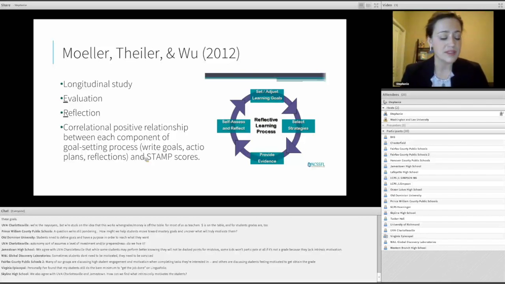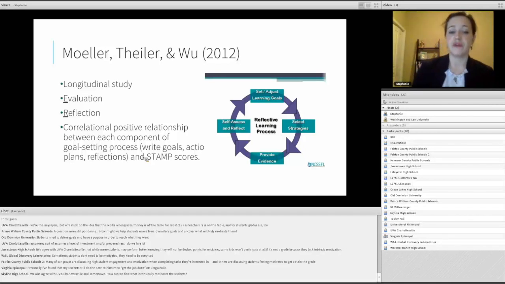But what they saw with French and Spanish students, and I think there are 100 and 200 levels, so we're talking near novice learners, is that if they engaged with Linguafolio online and did meaningful reflections every 4 weeks, so at least 4 times in a 16-week semester, they found it to be very valuable.